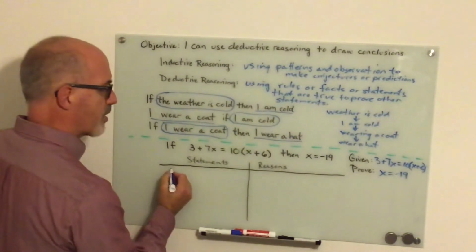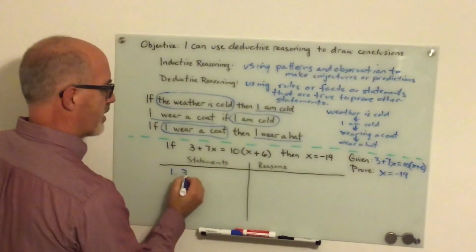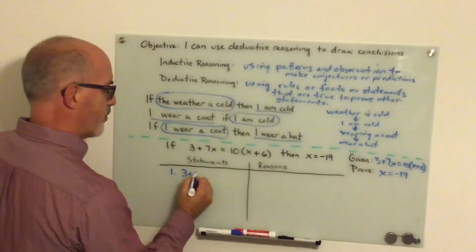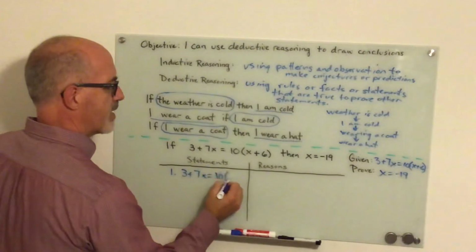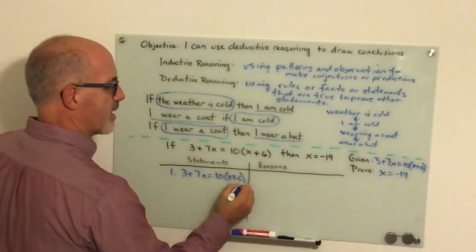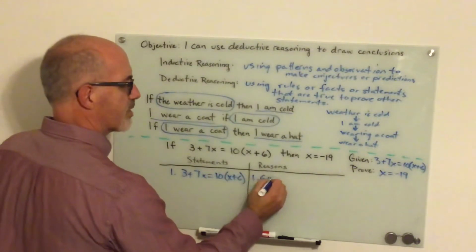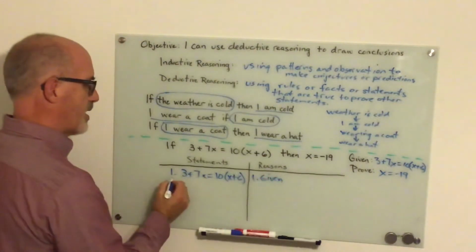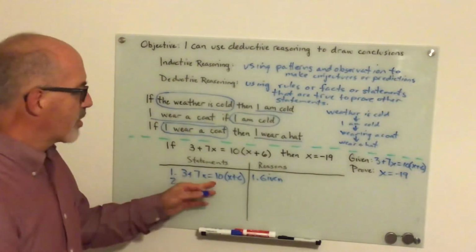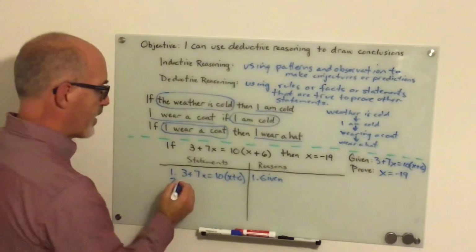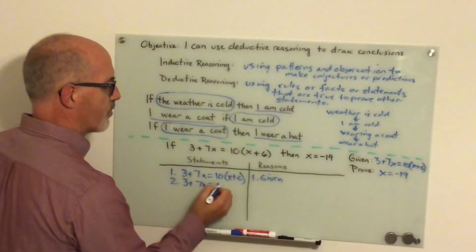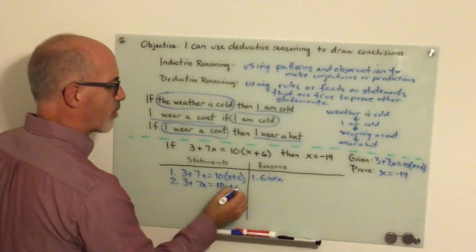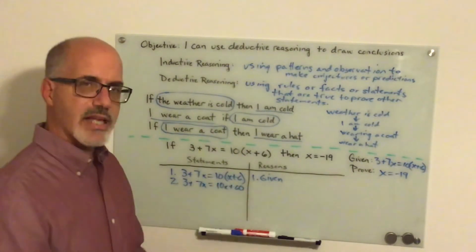So the first statement I'm going to start with is just the given, writing my two-column proof under the statements. So 3 plus 7x equals 10 times x plus 6. That's my given statement. It's the hypothesis. My second statement, I'm going to go ahead and distribute through here. Now, in a logical sequence of a proof, we want to give a reason for why the step is true.